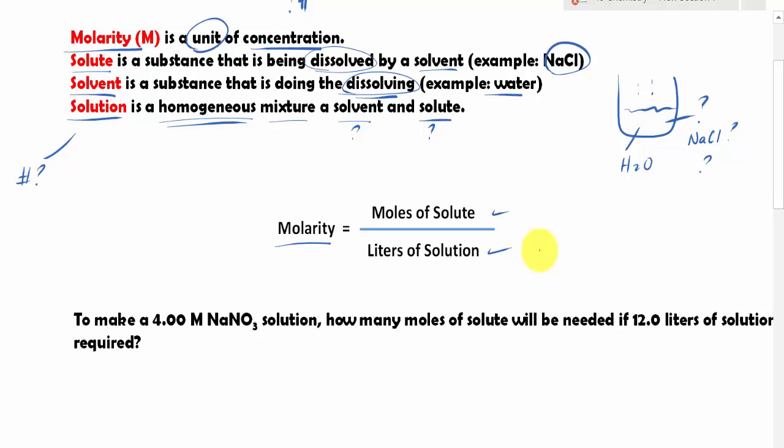But if we think about this, a solution to some extent is basically a combination of solvent plus solute. However, the volume of the solute is so small, sometimes we ignore it, okay? But notice that the solute is always in the solution.